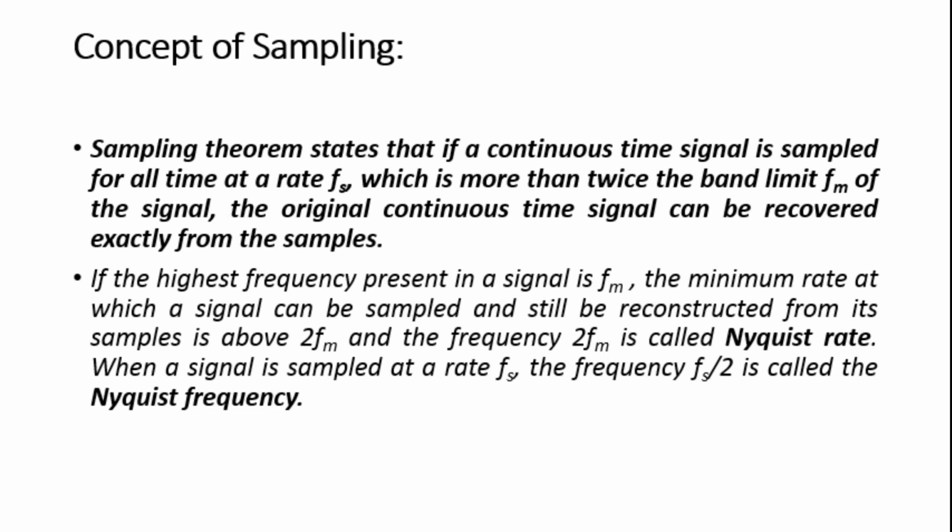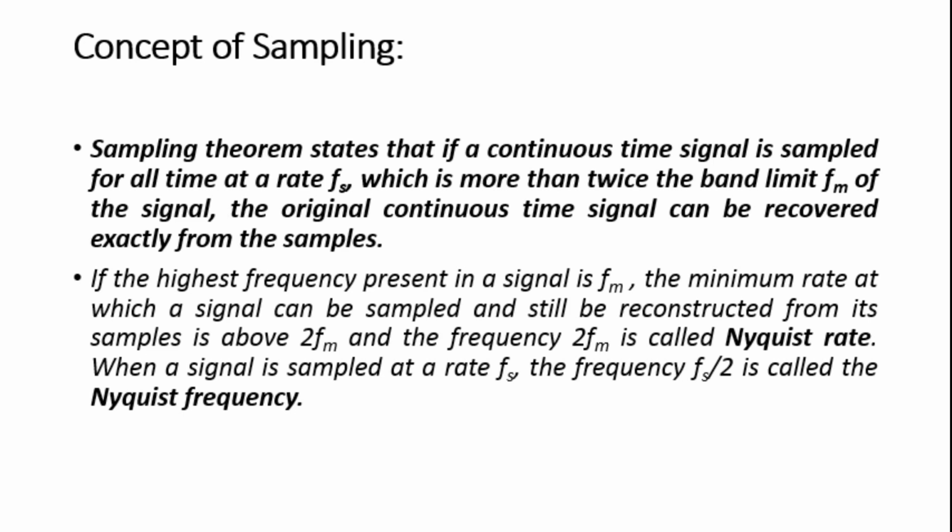If the highest frequency present in a signal is fm, the minimum rate at which a signal can be sampled and still be reconstructed from its samples is above 2 times of fm, and the frequency 2 times of fm is called the Nyquist rate.